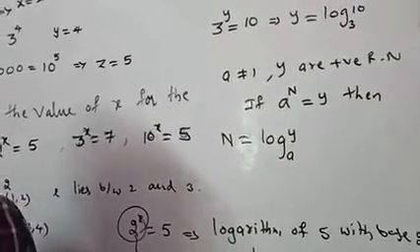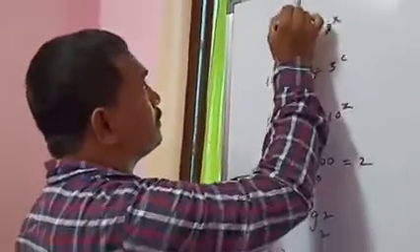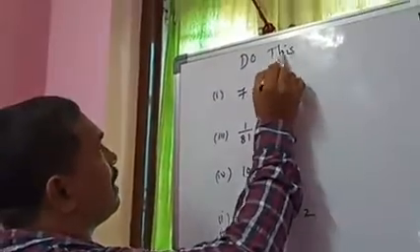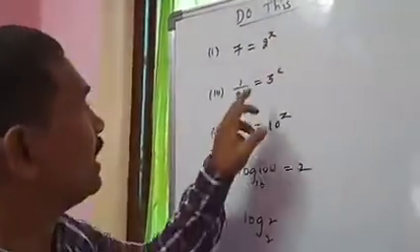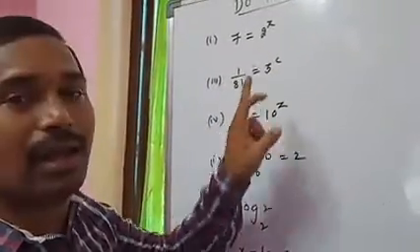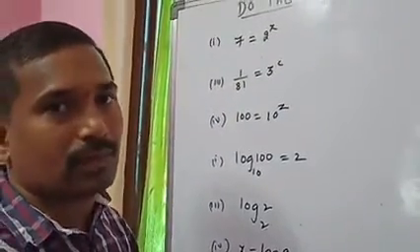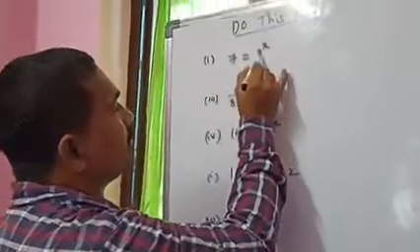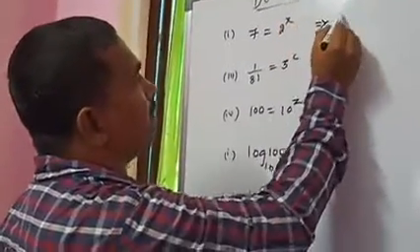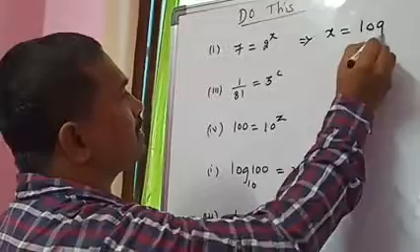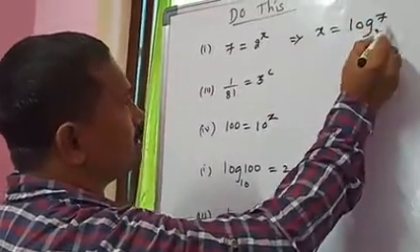So let us see some problems. Do these problems. Write the following in logarithm form. Okay now, see here, 7 equal to 2 power x. Here x can be written as log 7 base 2.